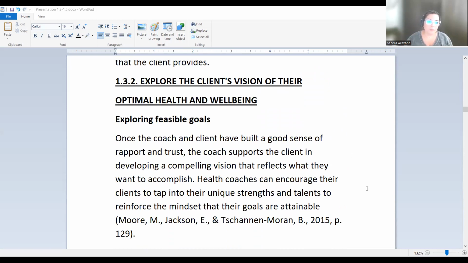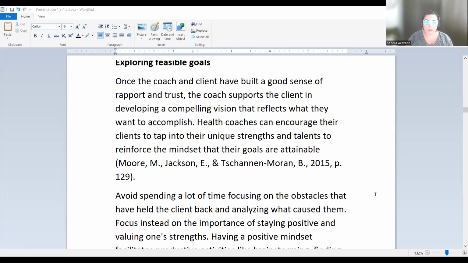Okay, so we're at 1.3.2, explore the client's vision of their optimal health and well-being. So, exploring feasible goals. Once the coach and client have built a good sense of rapport and trust, the coach supports the client in developing a compelling vision that reflects what they want to accomplish. Health coaches can encourage their clients to tap into their unique strengths and talents to reinforce the mindset that their goals are attainable.